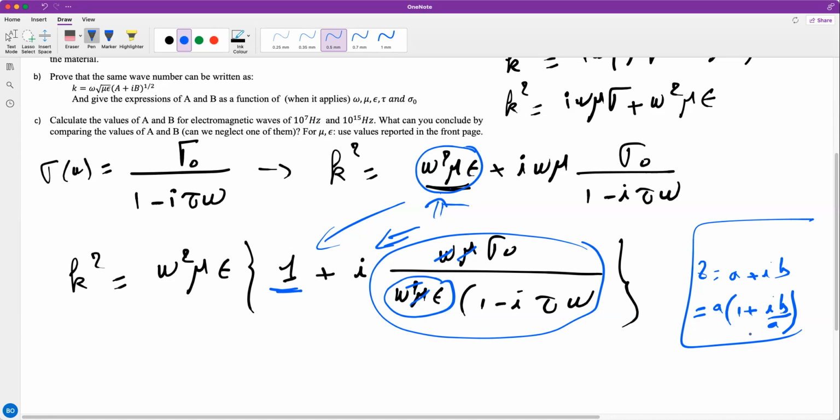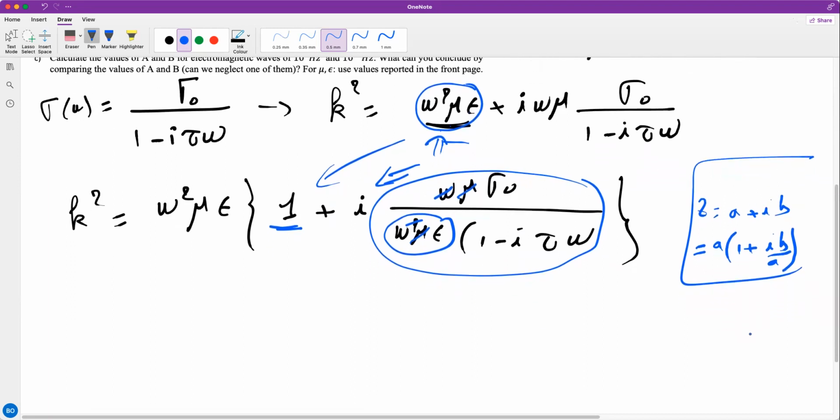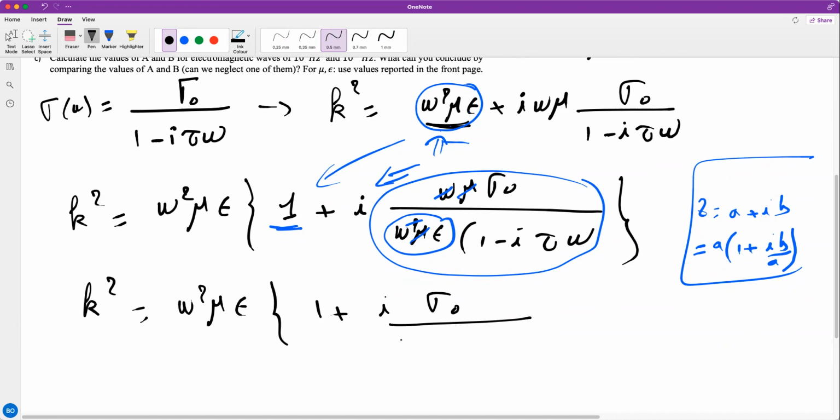Okay. Yes. So K squared becomes omega squared mu epsilon 1 plus I sigma 0 over omega epsilon 1 minus I tau omega. This is the equation.